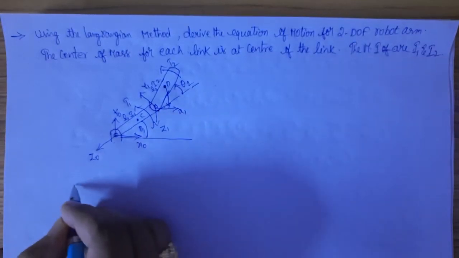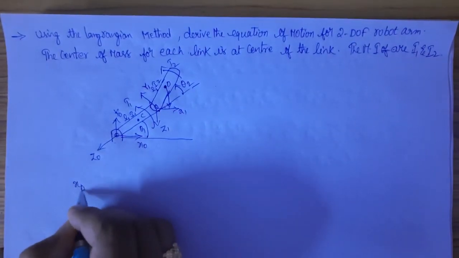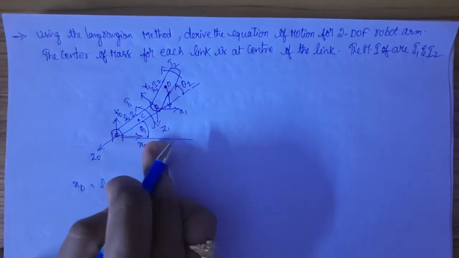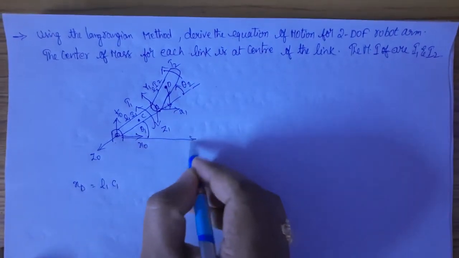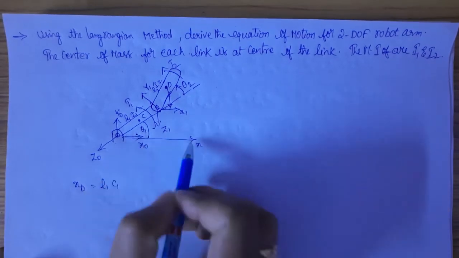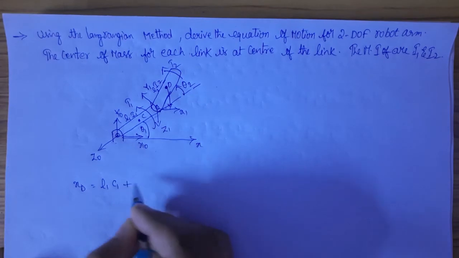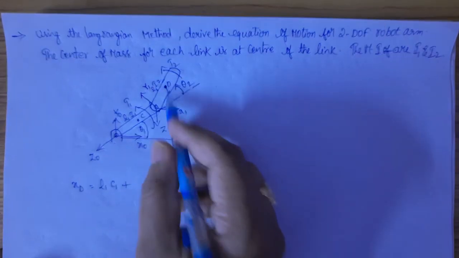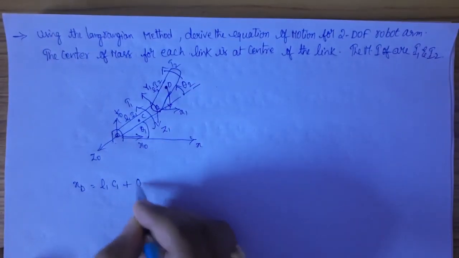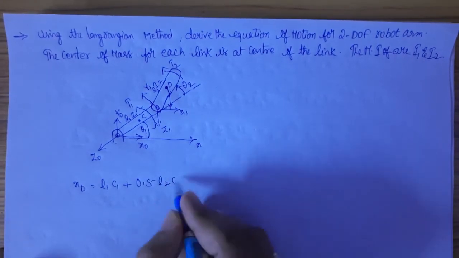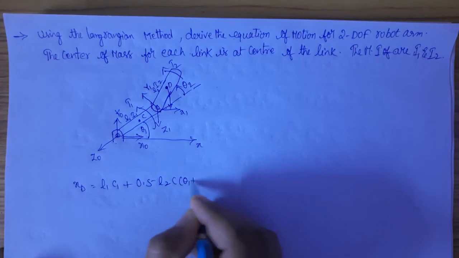With respect to the x-axis, we have x_D = L1 cos theta 1 plus half of L2 cos of theta 1 plus theta 2, that is 0.5 L2 cos(theta 1 + theta 2).